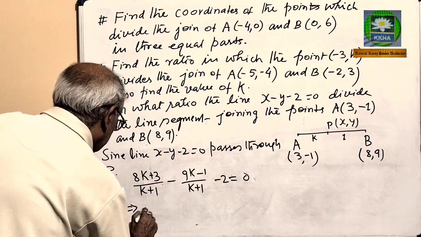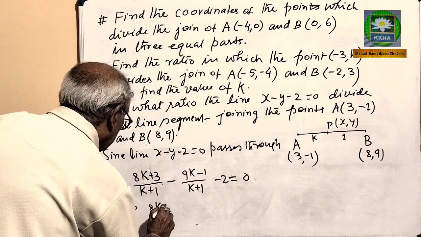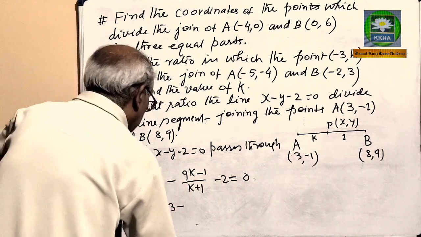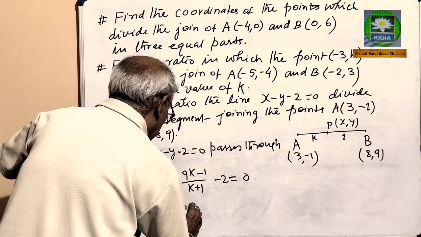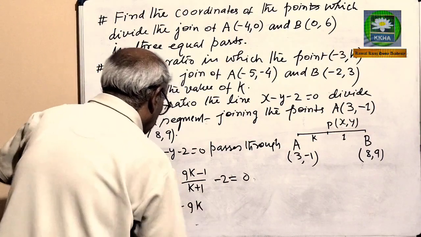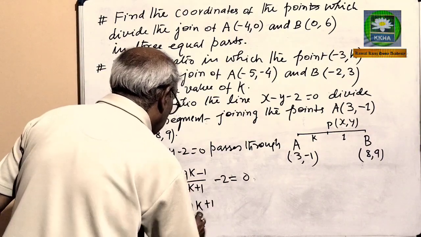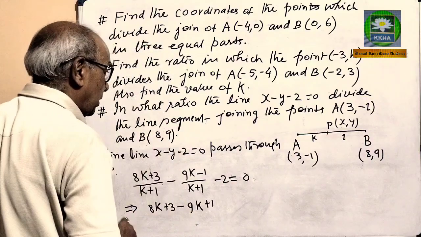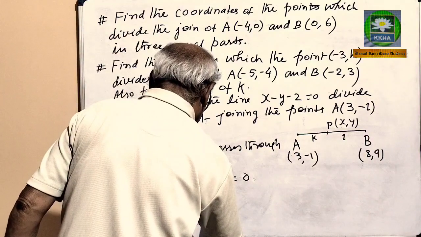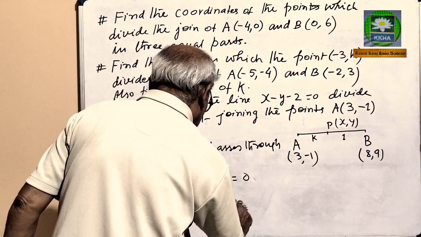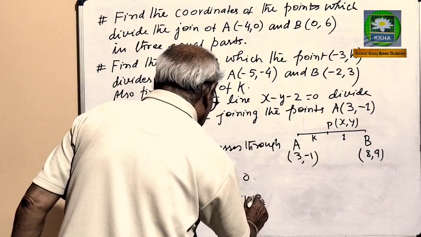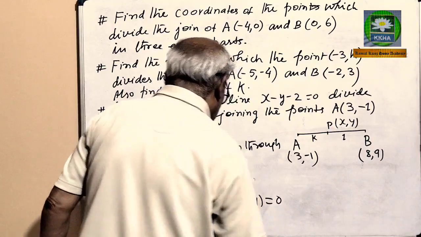This implies that 8k plus 3 minus 9k plus 1 minus twice k plus 1 equal to 0.